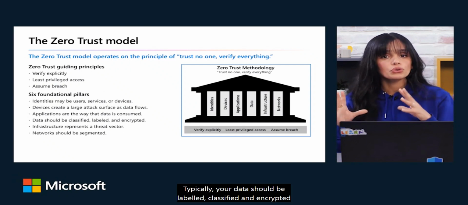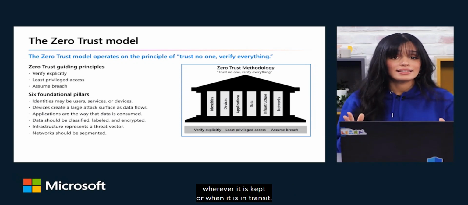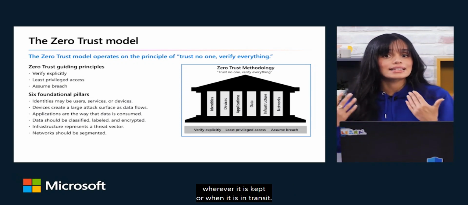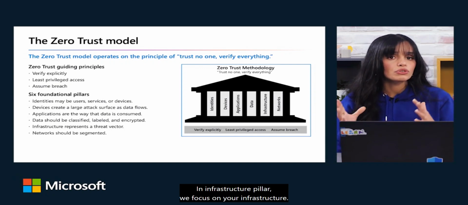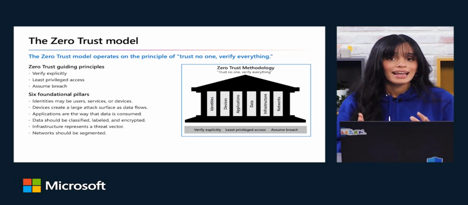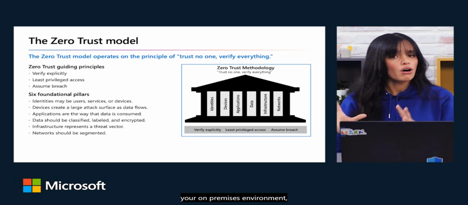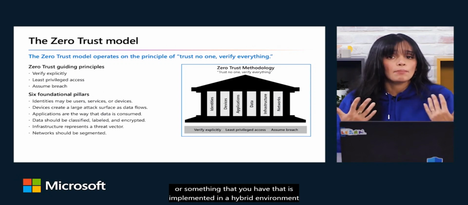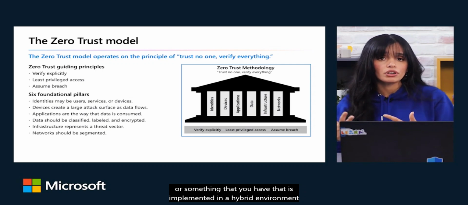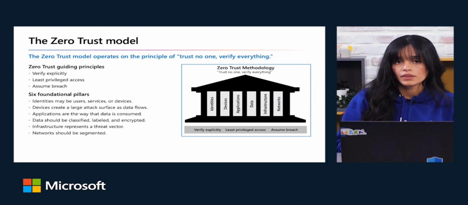In the next pillar, we talk about data. Typically, your data should be labeled, classified, and encrypted wherever it is kept or when it is in transit. In the infrastructure pillar, we focus on your infrastructure. This could be your cloud services, your on-premises environment, or something that you have implemented in a hybrid environment, and that should all be monitored as well.